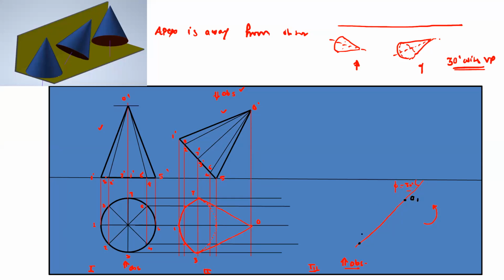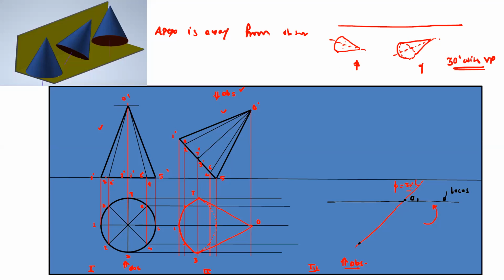Okay. Now fix any one point. So I will fix this point. Draw the projected horizontal line from O1 point. So this will be the locus. Okay. Now take the distance in your compass that is equal to the top view of the axis.